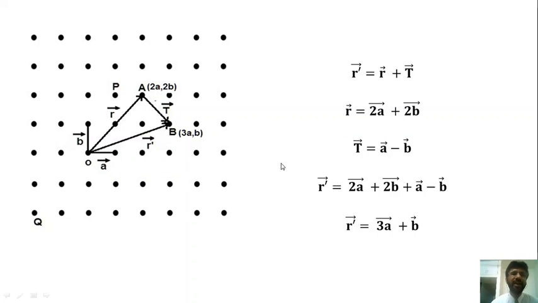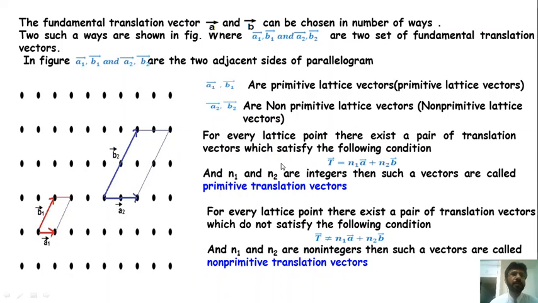So here, as we go from lattice point A to lattice point B, by using the translation operation we can write the vector R dash is equal to thrice A plus B. Now the fundamental translation vectors, vector A and vector B, can be chosen in a number of ways.